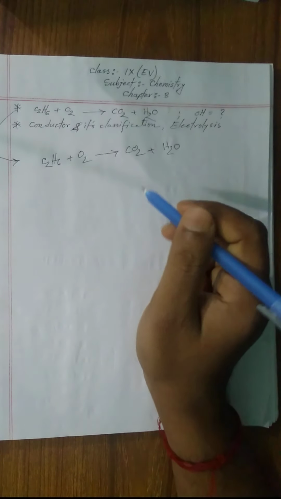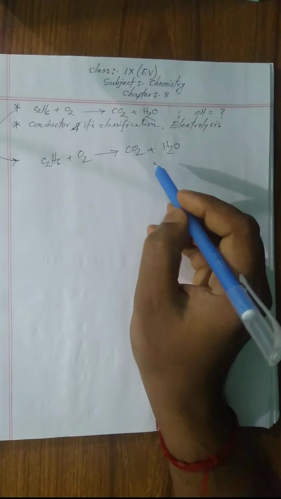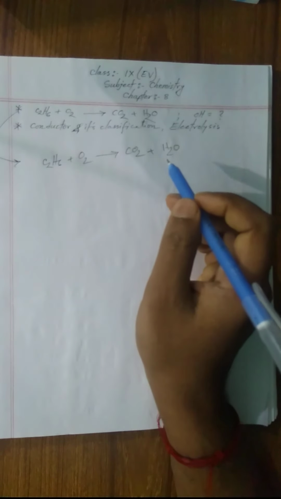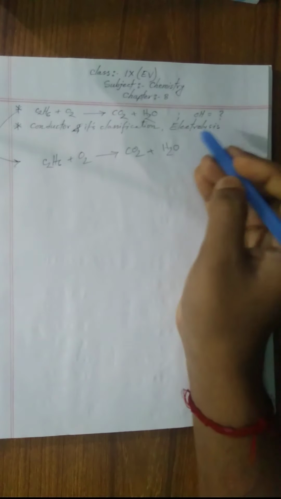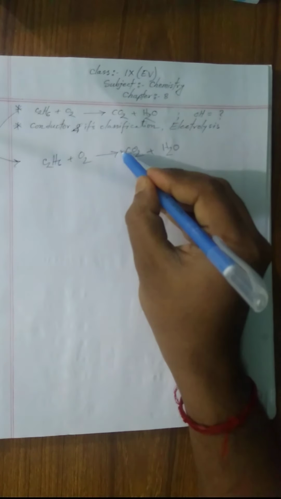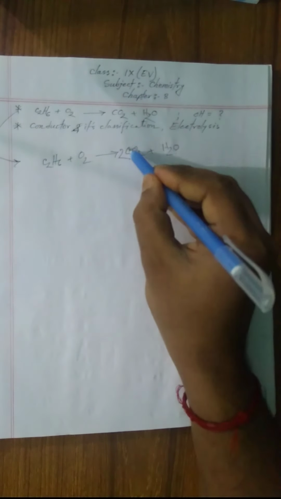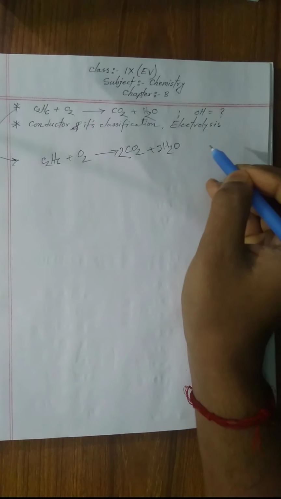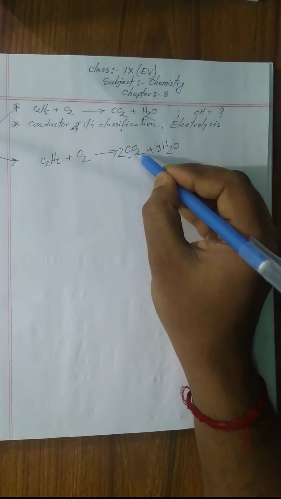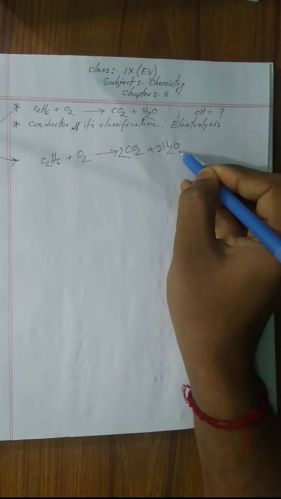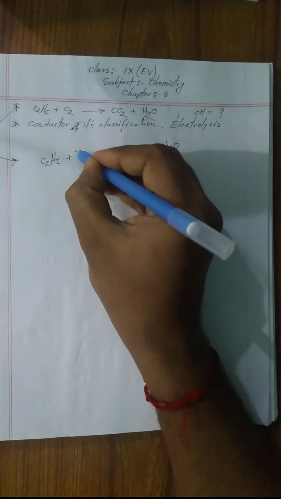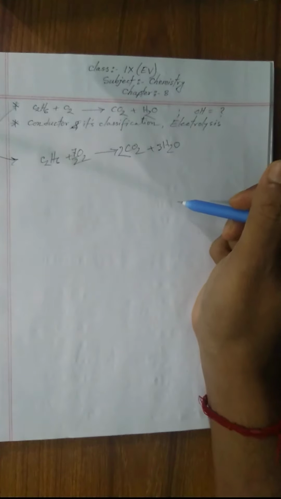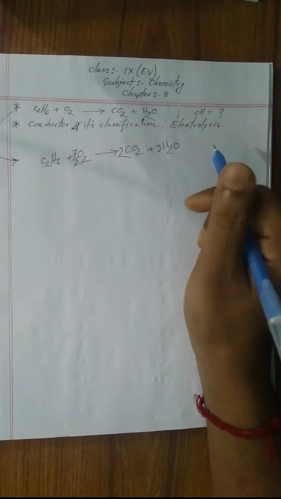So at first we have to balance this reaction if it is in an imbalanced state. So here carbon is 2, hydrogen 6, that is why oxygen will be 4, 3, that means 7 by 2, so it will be balanced this way.